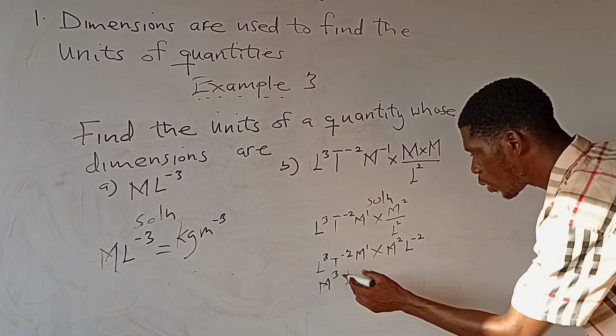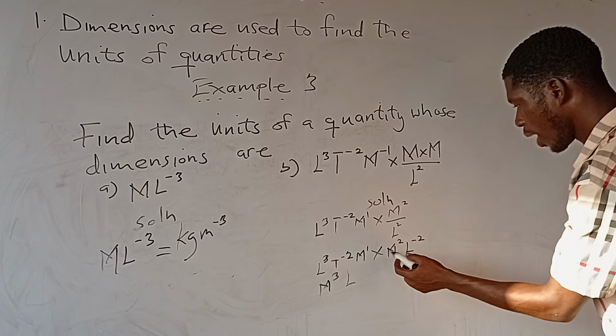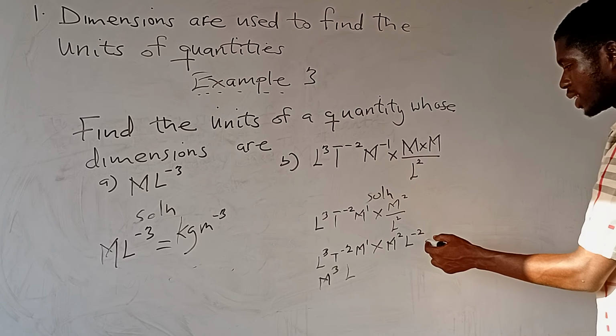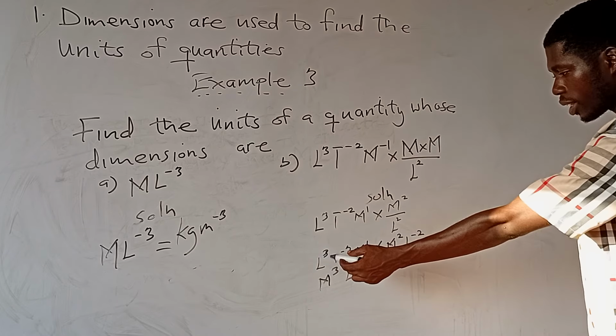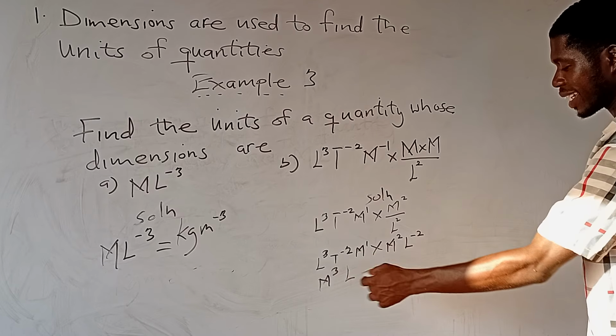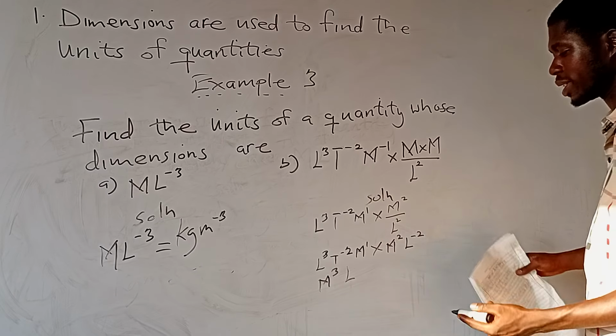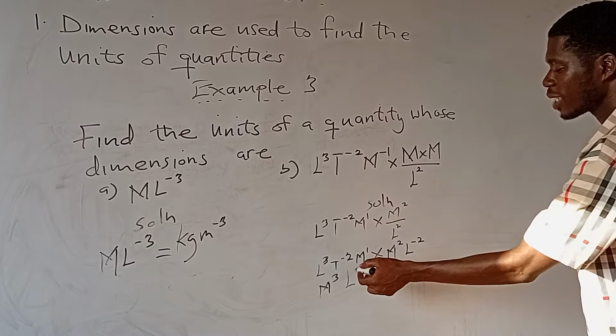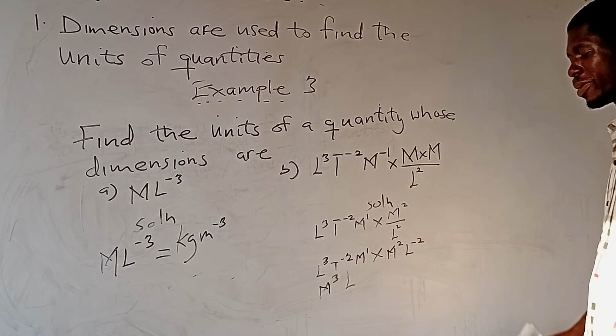Then let's come to L. You have positive 3 here and negative 2 here. 3 plus negative 2, you get positive 1. You can decide to write the 1 or not. It still remains the same.